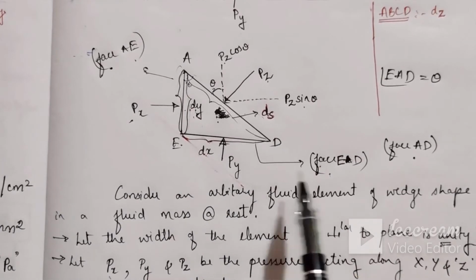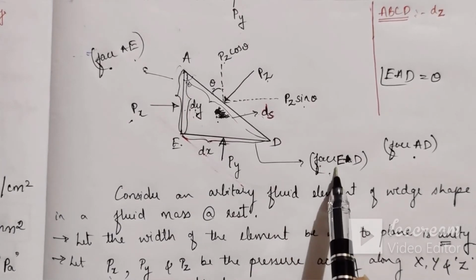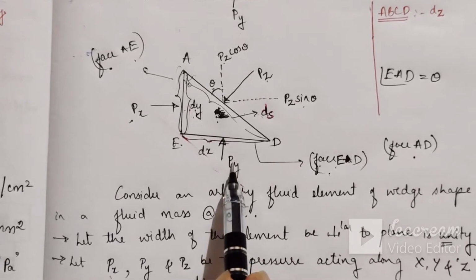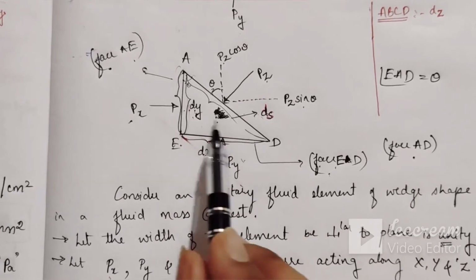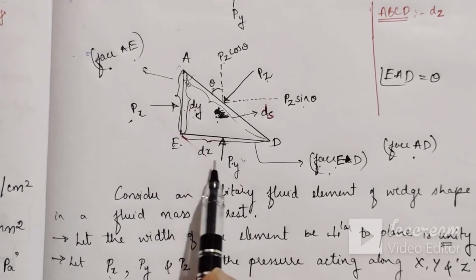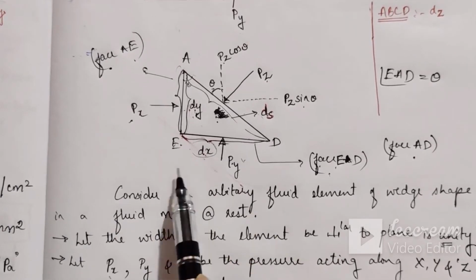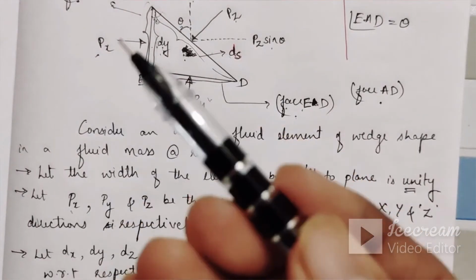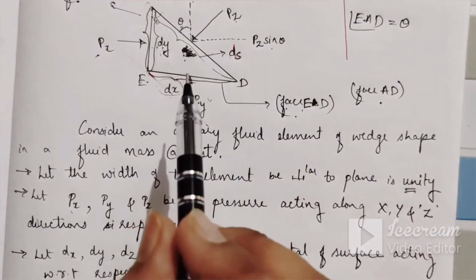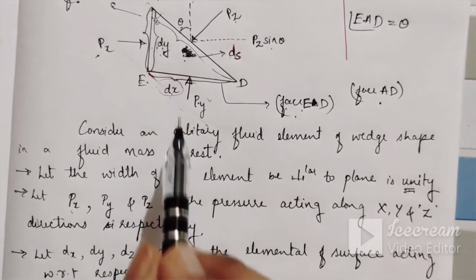Whenever we come to the face ED, the force on the face ED will be py into the area of ED. What is the area? It is dx into unity. The perpendicular direction we have taken as unity. So dx into unity.